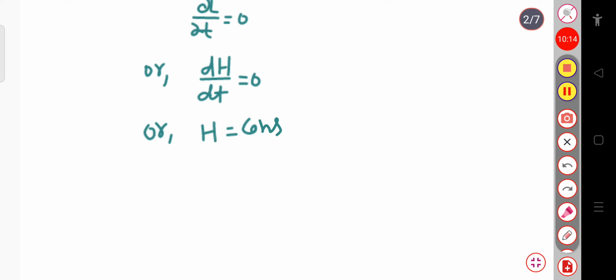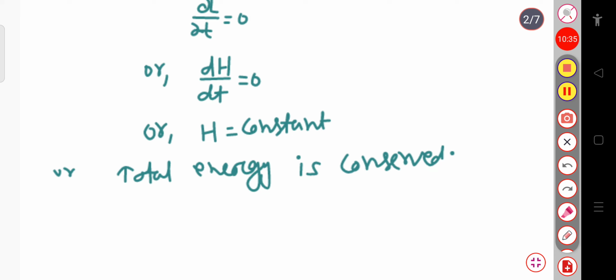Hamiltonian is constant means the total energy is constant, or we can say conserved. So the total energy is conserved. So this is the conservation theorem for the Hamiltonian of the system.